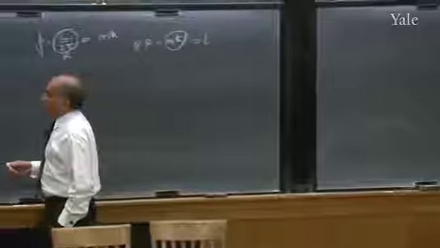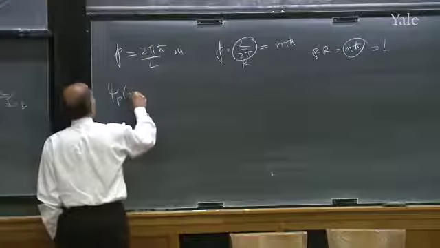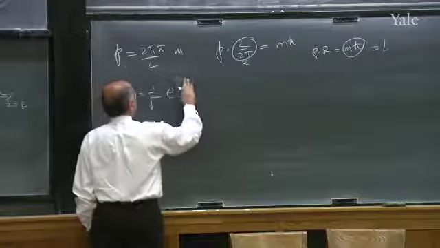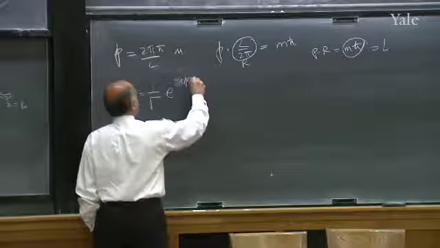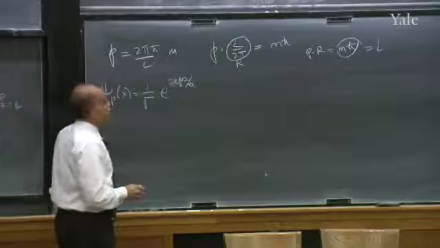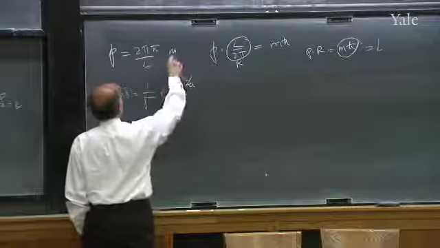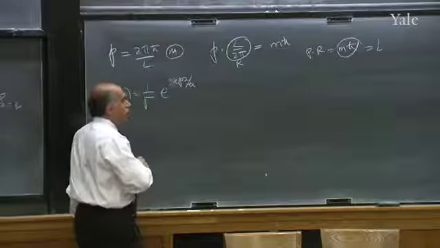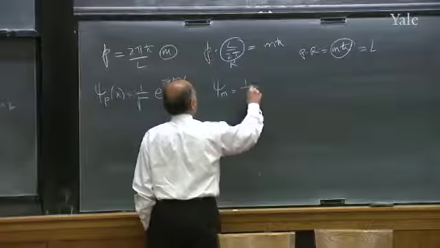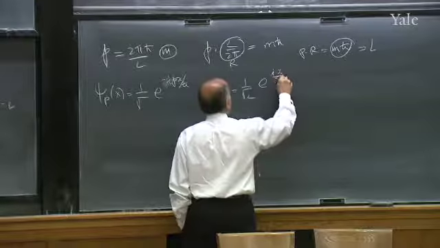Now, what I will do quite often is to write the state psi of p this way, 1 over square root of L, e to the i p x over h bar. But to remind myself that p is quantized to be integer multiples of some basic quantum, where the multiple is just m, I may also write the very same function as psi sub m, 1 over square root of L e to the i p x over h bar.